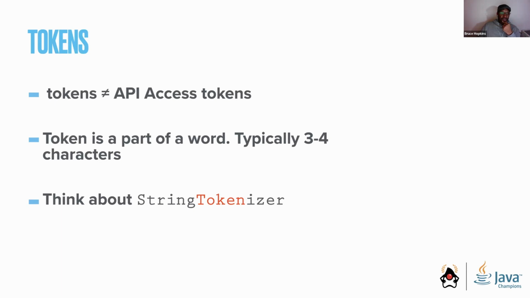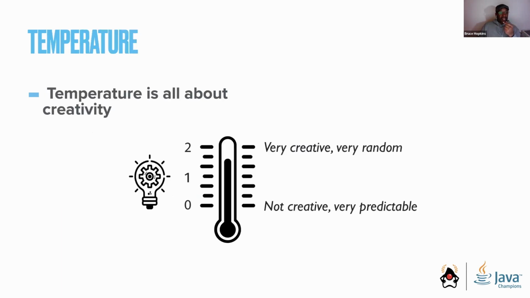Now, the last thing we're going to discuss is temperature. The temperature parameter is completely about creativity. What does that mean? The temperature can be set between 0 and 2.